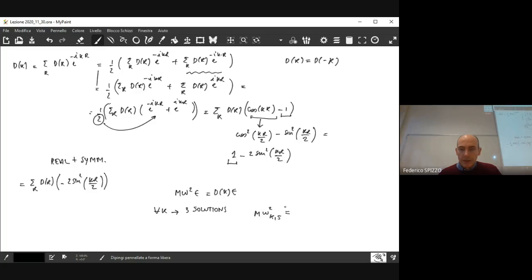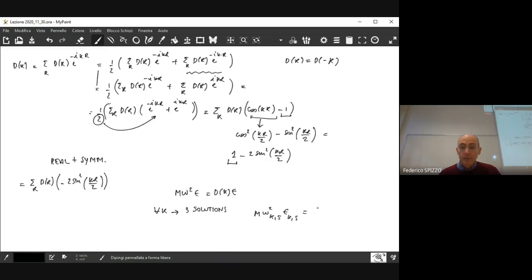Here we have the solution, the eigenvector, and in this case, the eigenvector will also depend on k and on s, the second index.